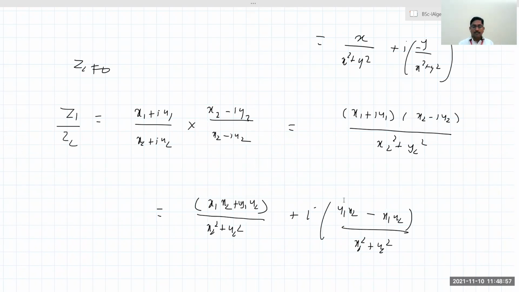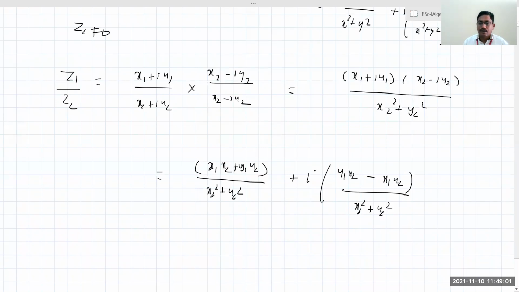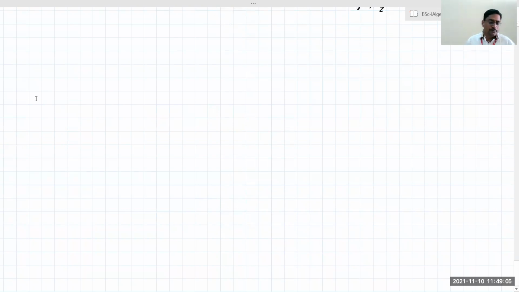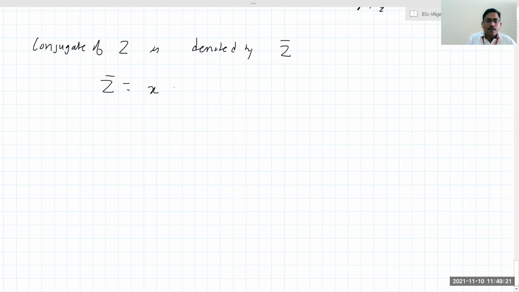So this is the division of two complex numbers, but the denominator complex number has to be not equal to 0. And one more part that I didn't define: the conjugate of z is denoted by z bar and given by z bar equal to x minus iy if z is x plus iy.